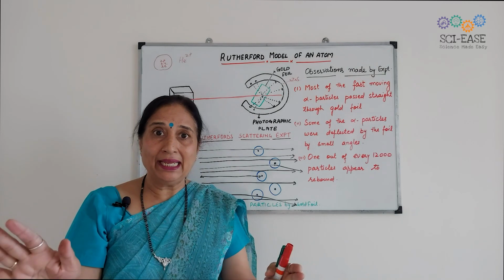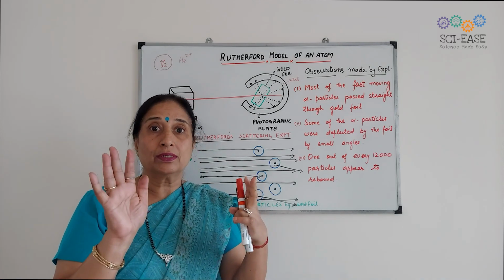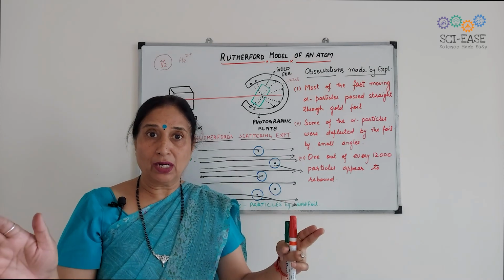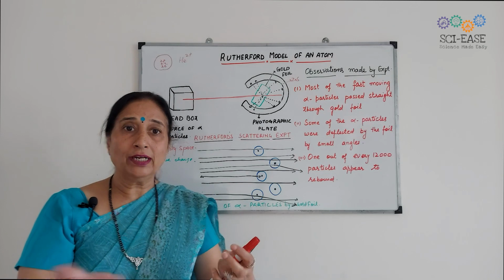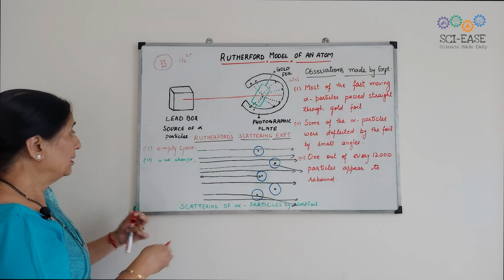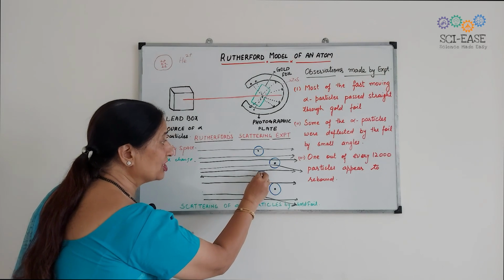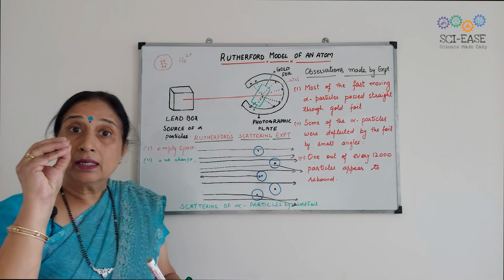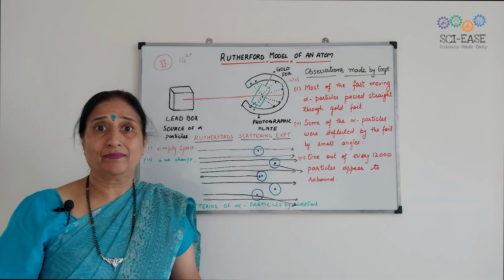Okay, at that time, neutrons were not found. We will study about the neutrons later on. So, there is something in the center of the atom which occupies very little space.